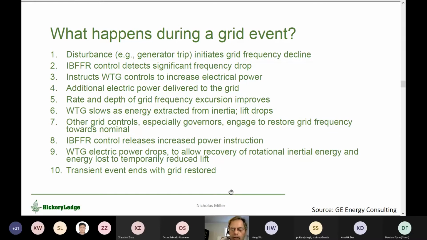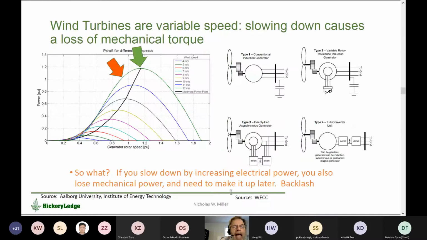So synthetic inertia is absolutely and necessarily a temporary measure, and it is there to buy time for other fast frequency response, or more specifically, primary frequency response from other resources to fill in. So the only thing that synthetic inertia does, the only thing that inertia-based fast frequency response does for the grid, is it buys time for other things to act.